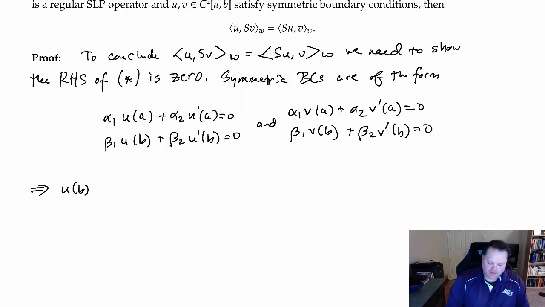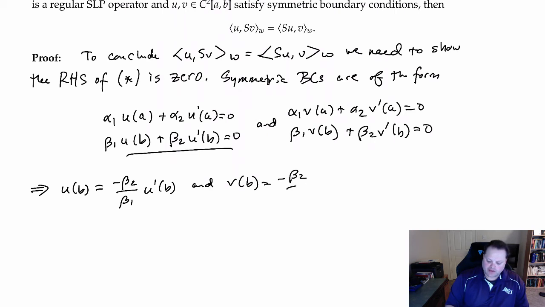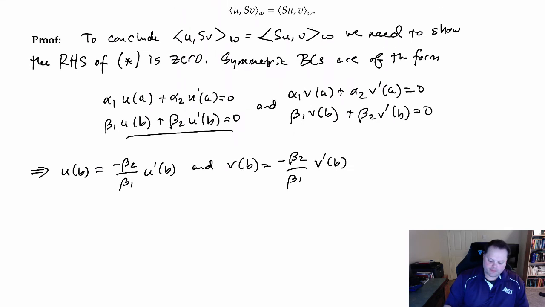If we know this, then we can automatically solve for u(b). I'm going to take this bottom equation, and this means that u(b) is minus beta 2 over beta 1 u'(b). And we also know that v(b) is the same thing: minus beta 2 over beta 1 v'(b).